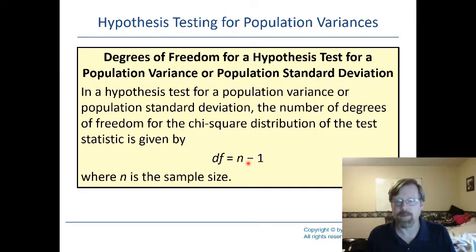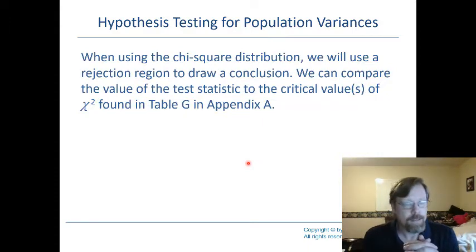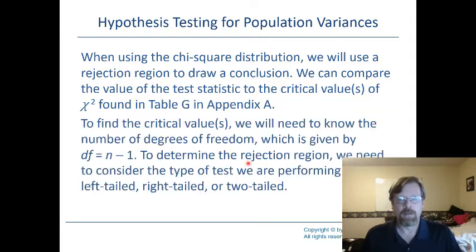So you can use a rejection region to draw a conclusion, just as we did. I forget which section we first covered that. To find the critical values, we need degrees of freedom, and we need to, again, consider what type of test we're performing, left, right, or two-tailed, just as with the other types. There's this nice handy table.